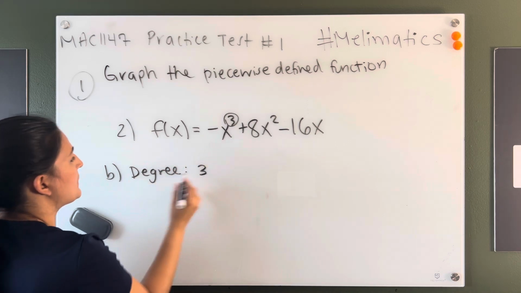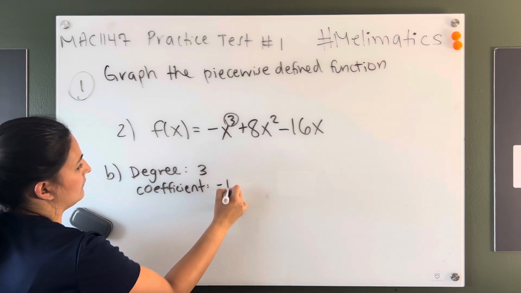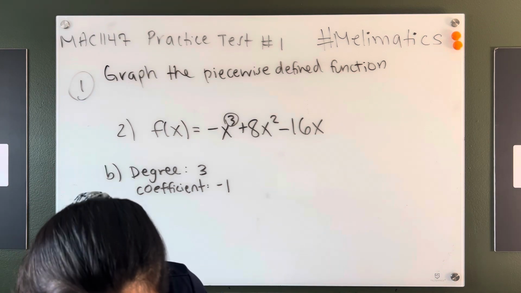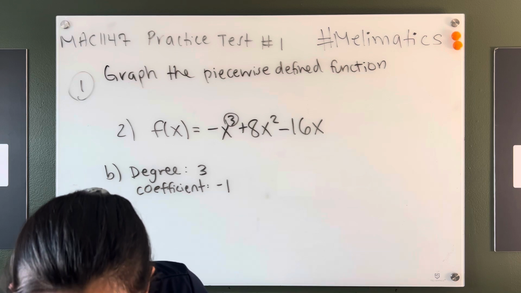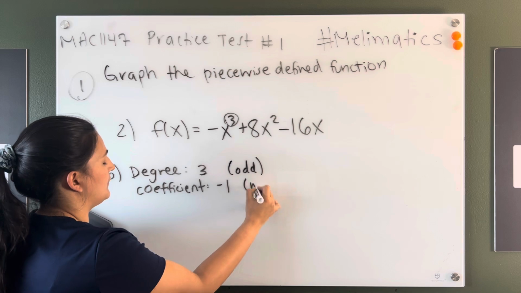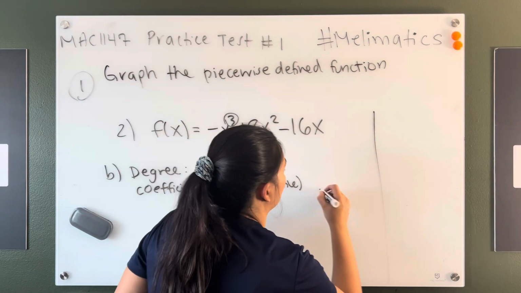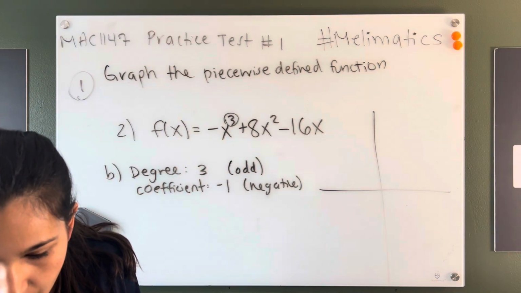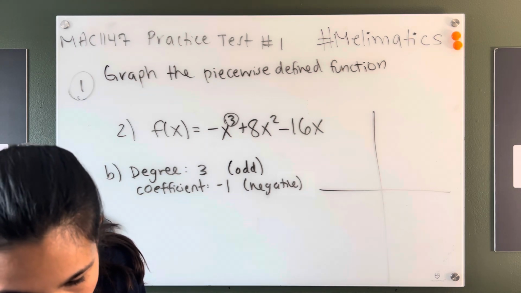The degree is 3, and the leading coefficient is the number in front of the highest power, so that's a -1, right? So according to this, you use the chart, and it says that if your degree is odd, which it is, and your leading coefficient is negative, then let me go back to the better one that I had.